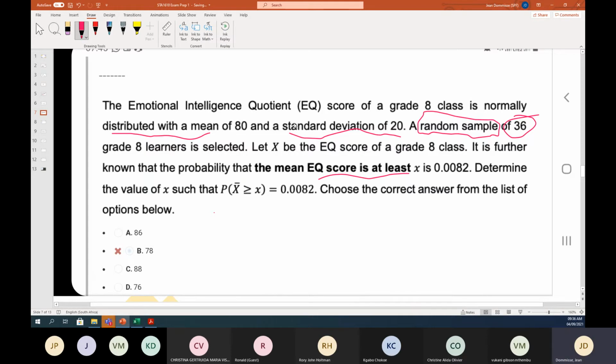So that can be nearly the difference between a 78 or a 76 score, or even the other twos. We don't know if this is the population. So then we need to use T. Are you happy? Will that make a big difference?